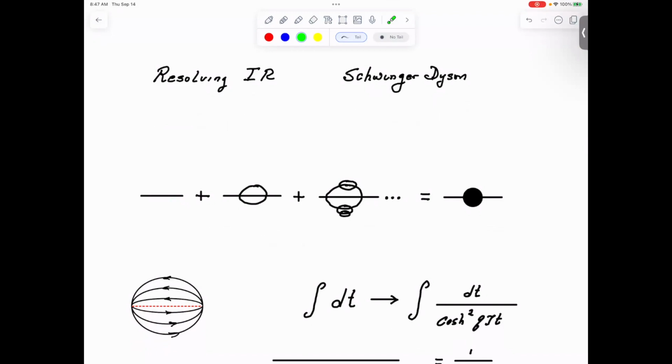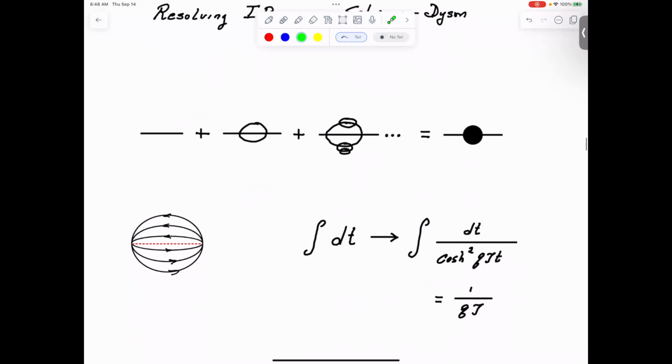But the end result is that by summing diagrams, the corrected single particle propagator is corrected. And in fact, a diagram like this goes from just being an integral over dt to being an integral over dt over cosh squared qjt. There's a suppression at large time, 1 over cosh squared. Now, if you're familiar with this kind of thing, you may find this q here surprising.